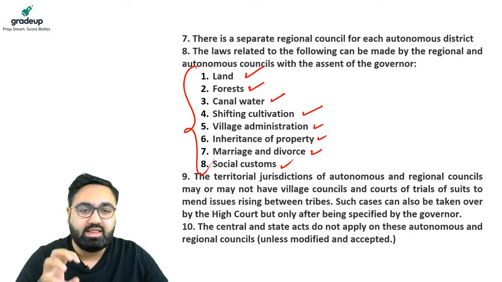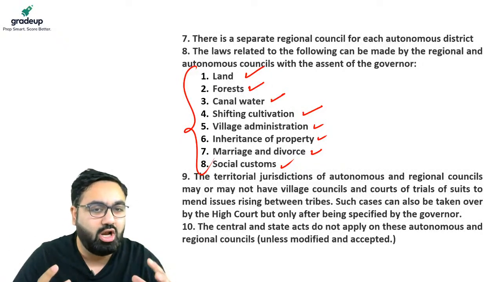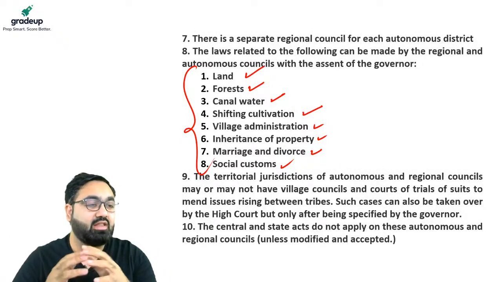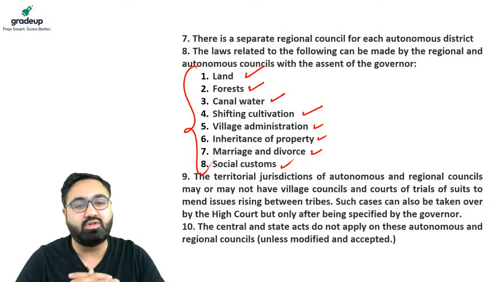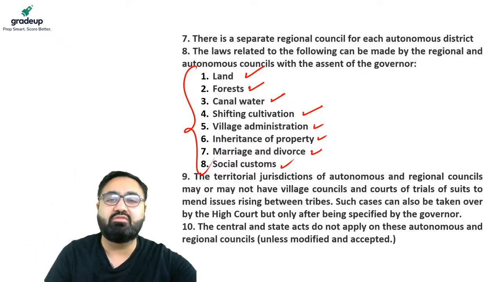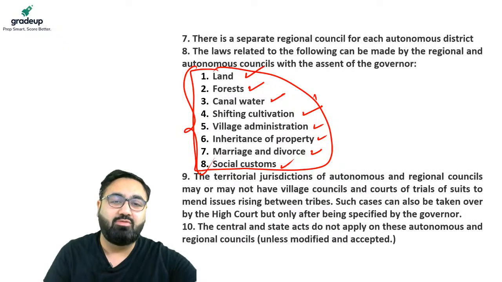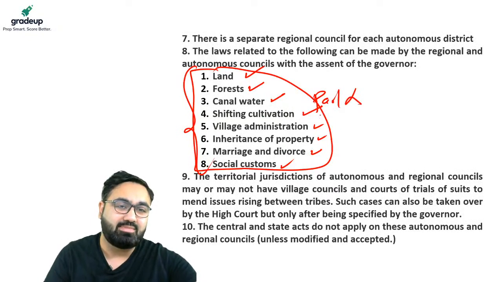Now, in these particular autonomous district councils, the local people have a lot of power because they are the ones who elect 26 people out of the 30. And obviously, if they are making their own laws on these subjects, that means laws of parliament will not apply on these subjects.